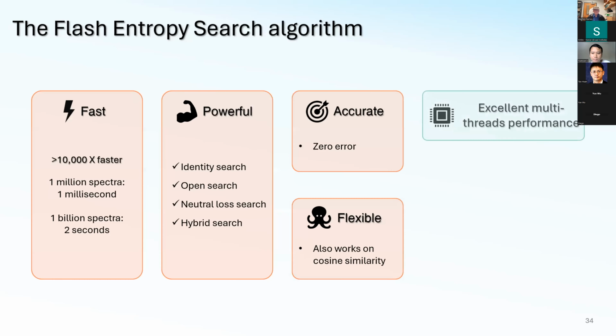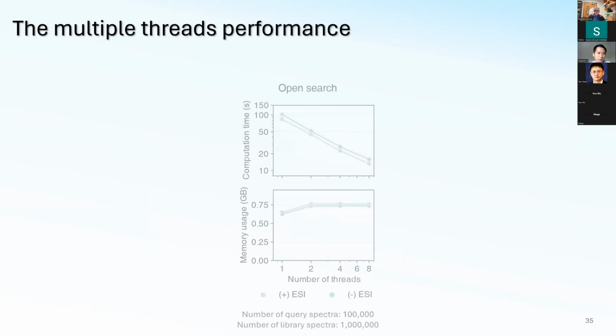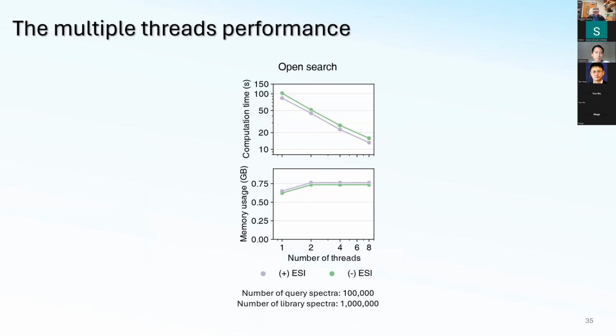I also want to mention our algorithm has excellent multi-thread performance. Let's say you have multiple spectra. In one experiment, you usually may have 10,000 spectra. If you want to search all of them, your computer usually has many cores, right? Then you can use multiple threads to increase the searching speed.